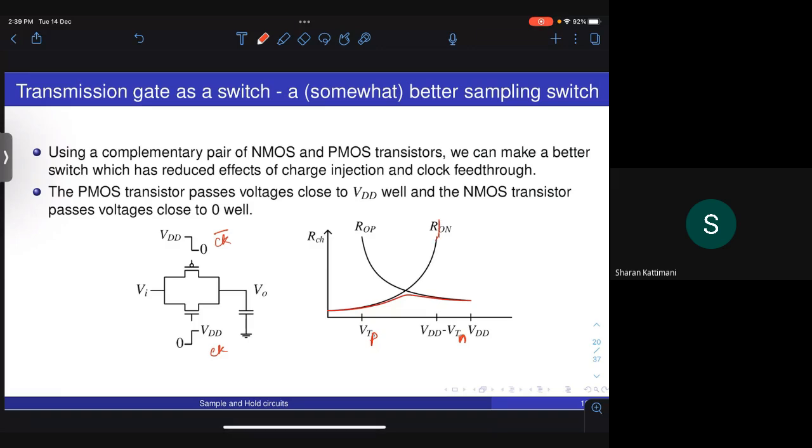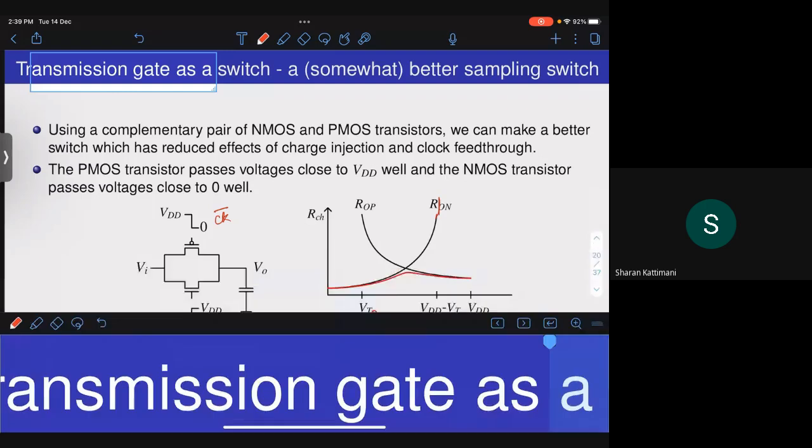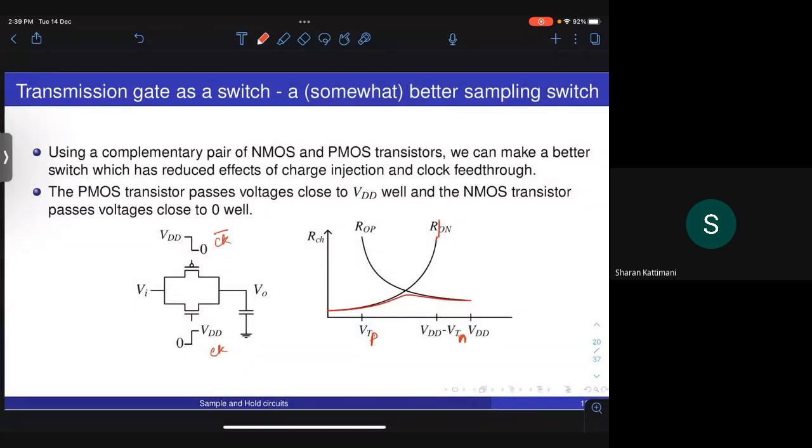And similarly for the PMOS, when input is less than VTP, the PMOS doesn't conduct well. But for values greater than VTP, the resistance keeps decreasing until you have a very low resistance at Vi equal to VDD.